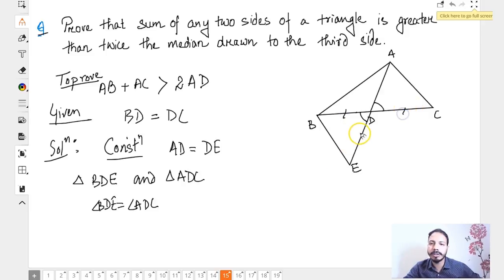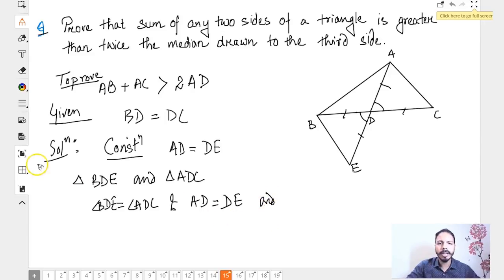I have this side equal to this side, right? Since AD is equal to ED, and BD is equal to CD.